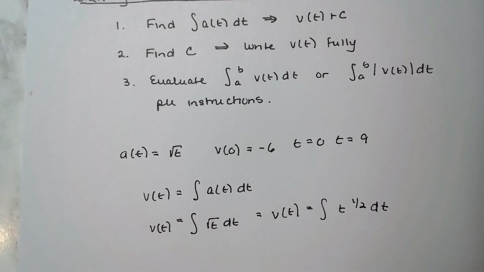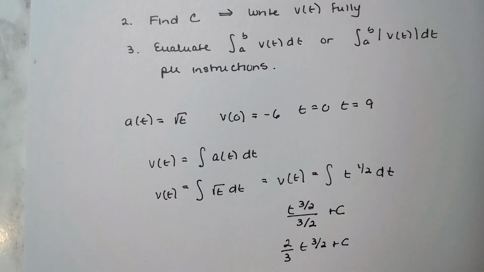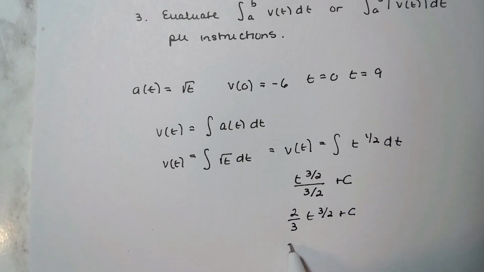So if I integrate this thing, remember, we're going to have t to the power plus 1. So that's t to the 3/2 over 3/2 plus c. And to simplify that a little bit, we flip the bottom, so we write it as 2/3 t to the 3/2 plus c. If you want to simplify it just a little bit more, you can rewrite it in radical form, and this would be the square root of t cubed plus c.